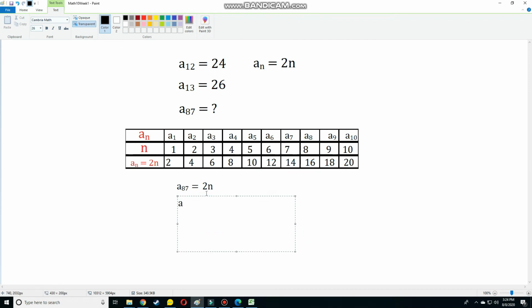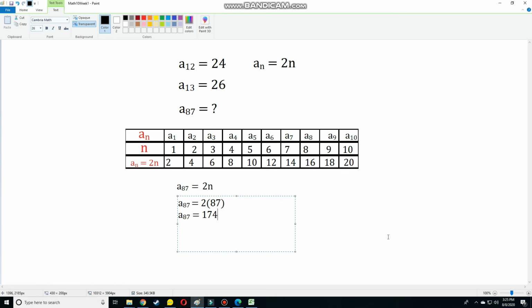The 87th term is equal to 2 times n. Here n refers to which term we are finding, so that's to be multiplied by 87. So that would be 2 times 87. 2 times 87 would be 2 times 80, 160. 2 times 7, that's 14. 160 plus 14 would be 174.